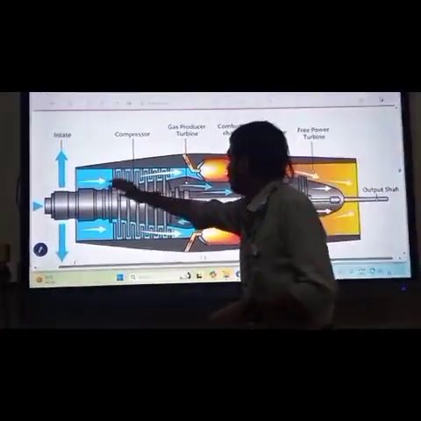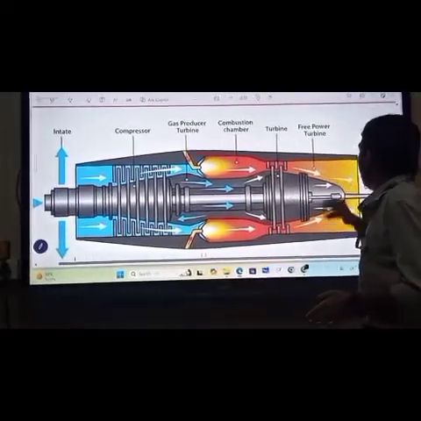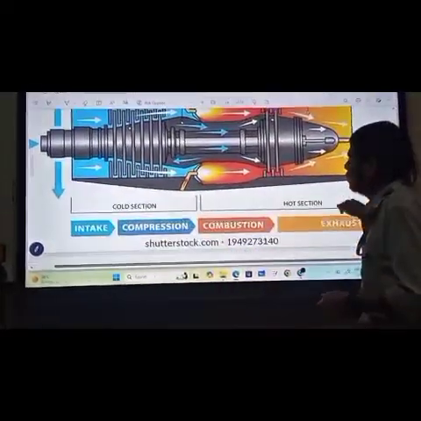So this is the intake section, compressor, gas pressure turbine section, and fuel, etc. All the same like that.